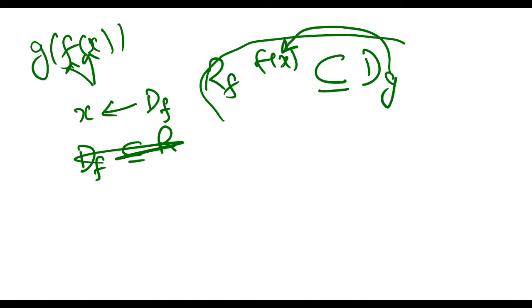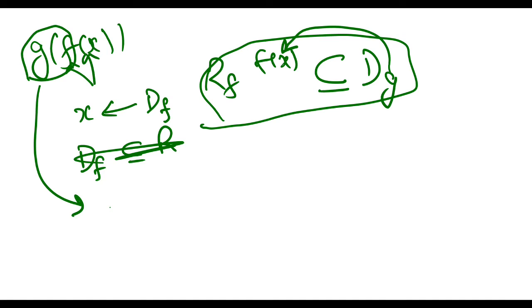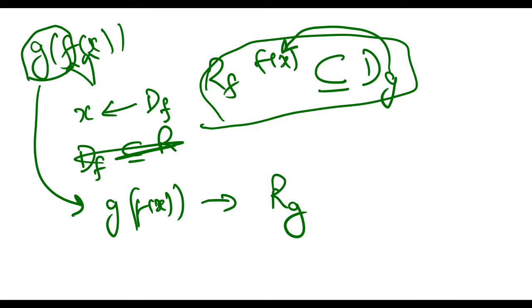And the final output, g of f of x, would be in the range of g, because the final operation that you are doing is g.